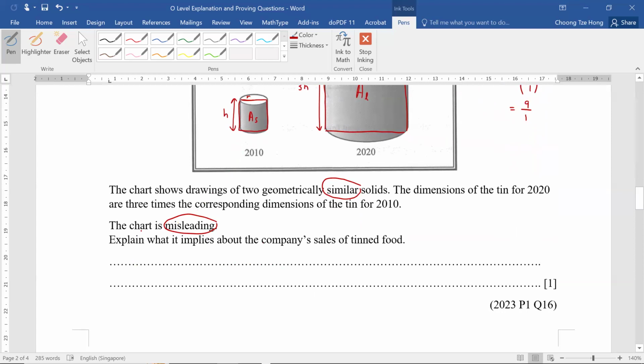So explain what it implies about the company's sales of tin food.